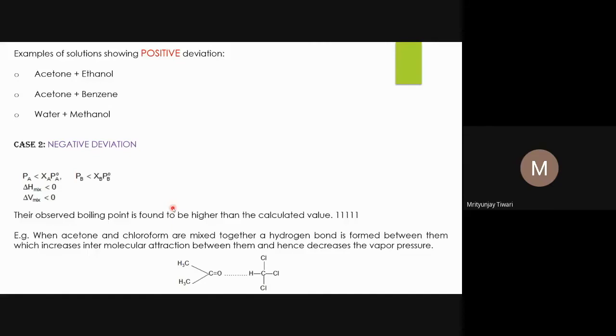But now in the solution, at the temperature when the pure component would have boiled, the vapor pressure is less than 1 atmospheric pressure. So you have to provide more heat to make it boil. So the boiling point will be increased.